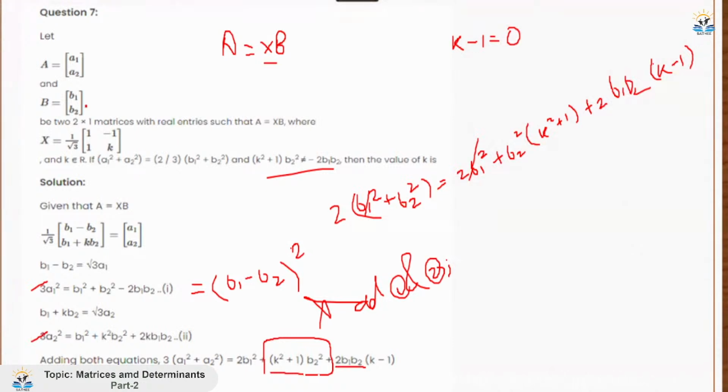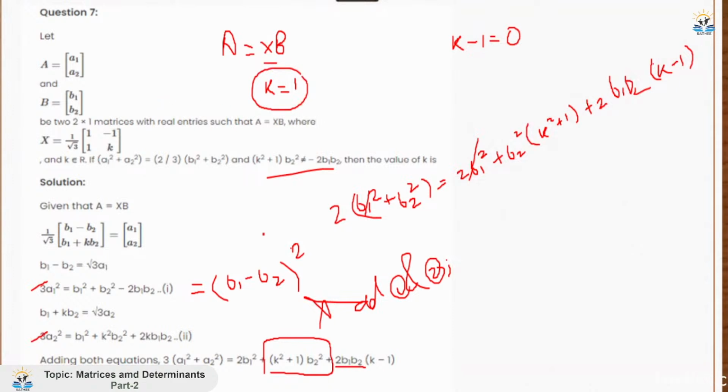So if you need that A should be equal to X times B, K should be equal to 1. This is the final condition so that this will be satisfied, otherwise not.